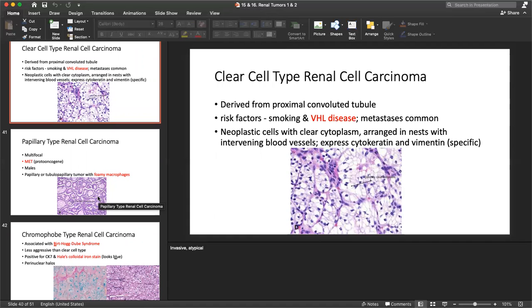So smoking and VHL increase the risk for clear cell type renal cell carcinoma. And they're going to be arranged in nests with intervening blood vessels. And they express cytokeratin and vimentin.